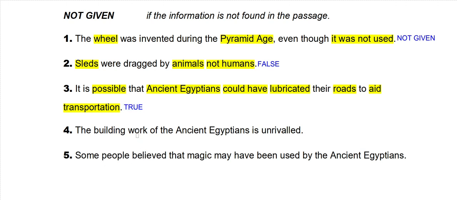Next, the building work of the ancient Egyptians is unrivaled, meaning to say the buildings they built, who built, ancient Egyptians, is unrivaled. Unrivaled means nobody came close to them, like nobody was anywhere near to them in the process of making buildings, or they built such marvelous buildings that nobody was able to make anything resembling or anywhere close to that.